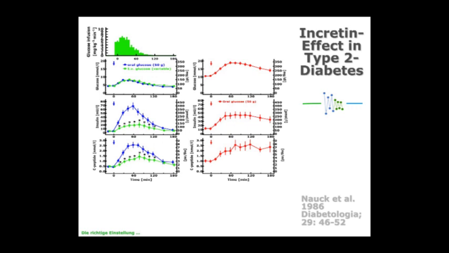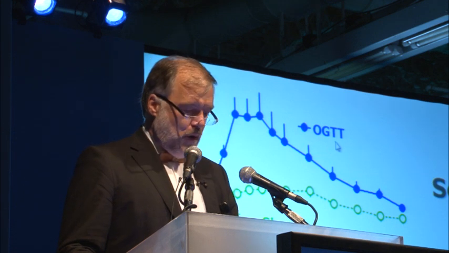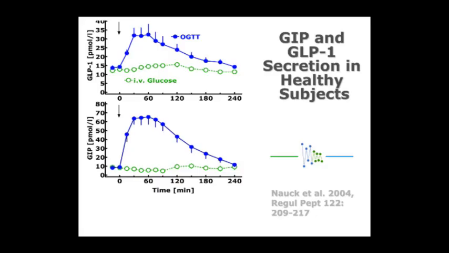And I want to point at this point in time to the quantitative difference. So it's really that 2/3 of the insulin response to oral glucose is not mediated by the rise in glucose, but by something else. And this something else are incretin hormones, and in humans we know two of them.